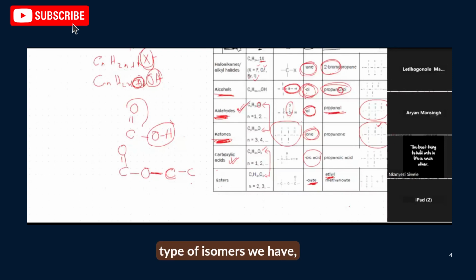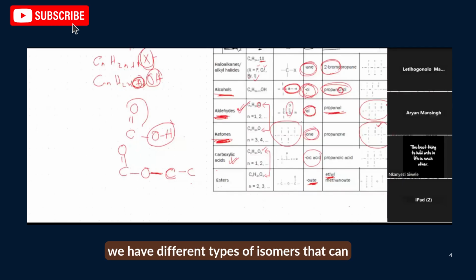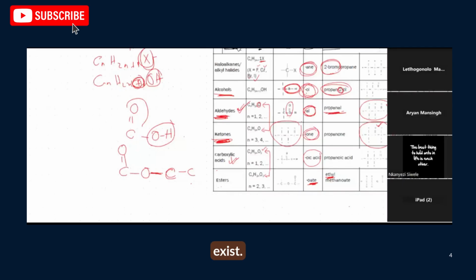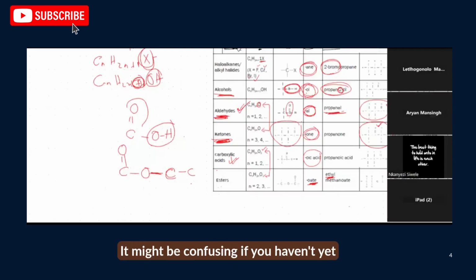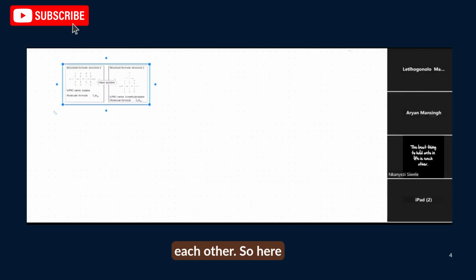Now, we have different types of isomers that can exist. The first type of isomer that exists is due to its chain, the chain structure, how it actually looks. It might be confusing if you haven't yet done naming, but what I want you to focus on is how different the structures are from each other.